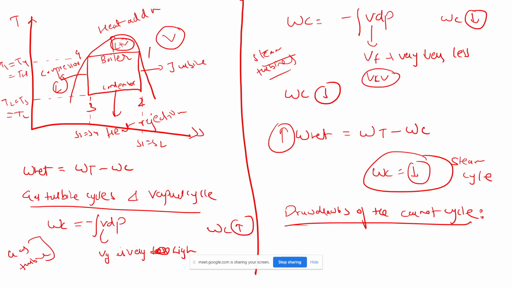So at the exit we are getting liquid plus vapor. Similarly, at the inlet of the compressor we have to compress liquid plus vapor into liquid.